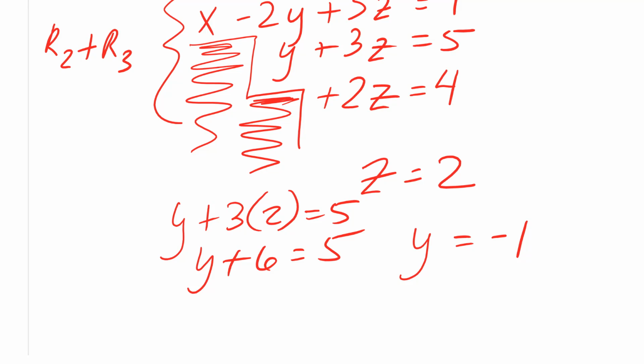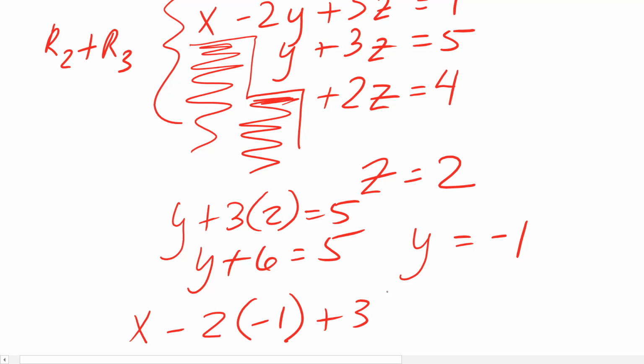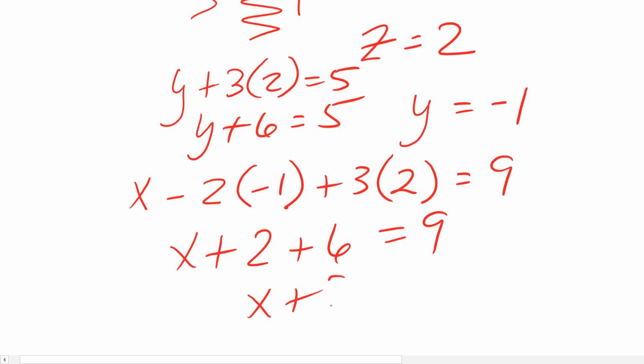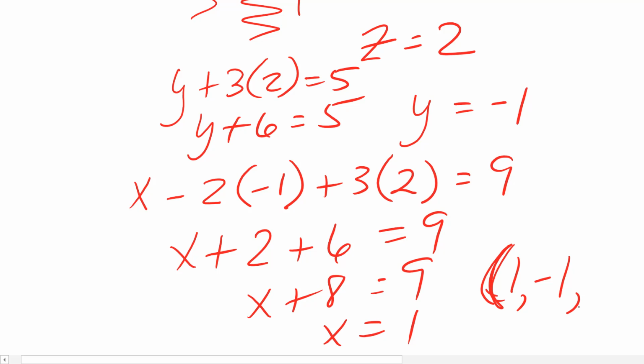So in the first equation, you've got x minus 2 times y plus 3 times z equals 9. So x plus 2 plus 6 equals 9. X plus 8 equals 9. So x equals 1. So the solution is 1, negative 1, 2.